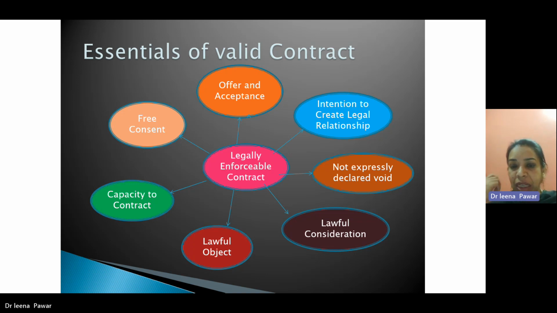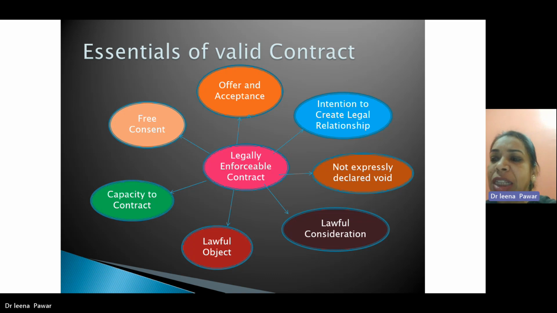The parties must have the intention to create a legal relationship. And there must be the possibility of performance. That means it should not be declared void by law. It must be certain.